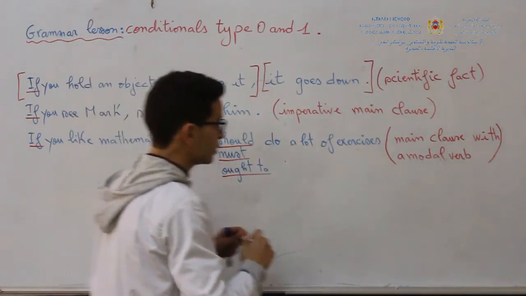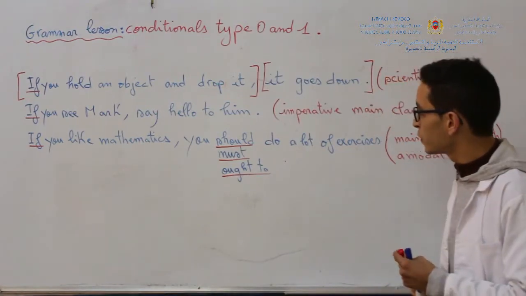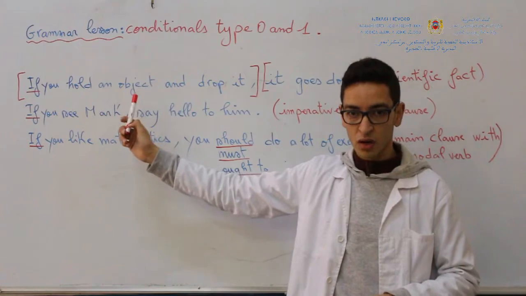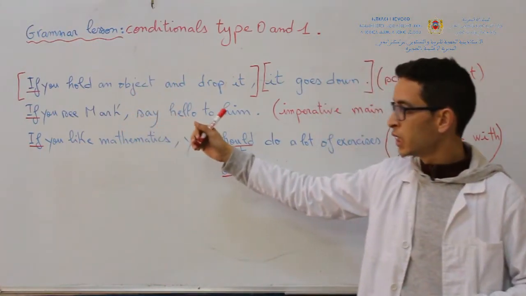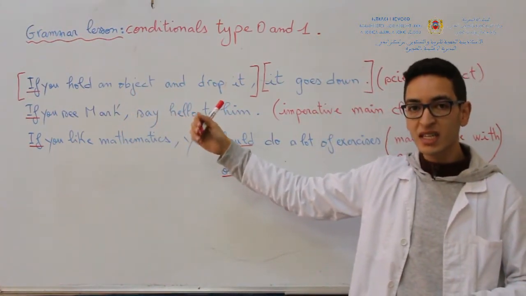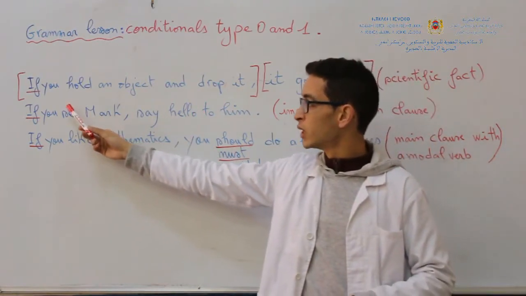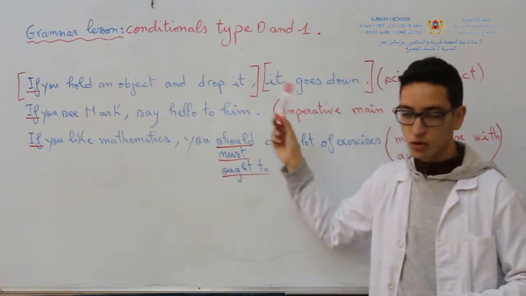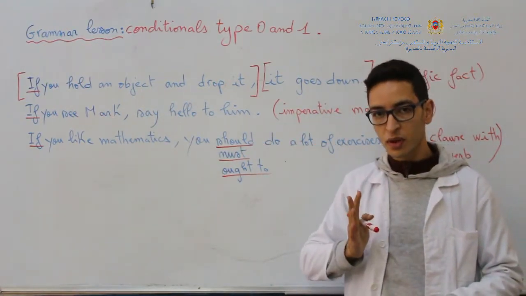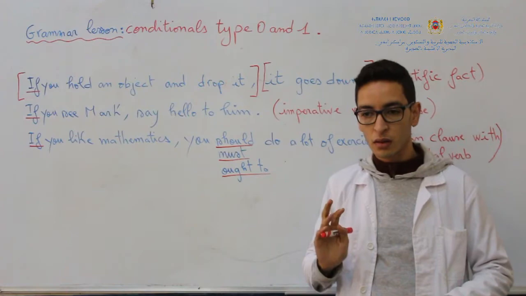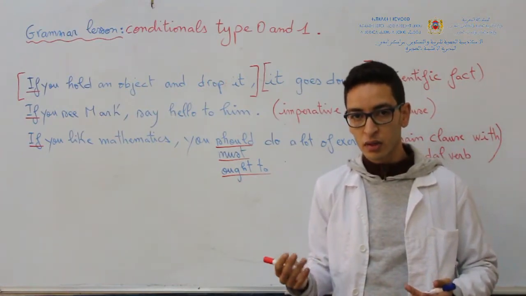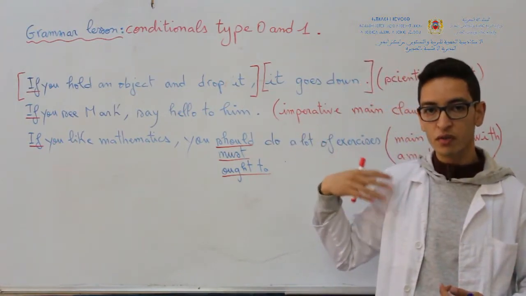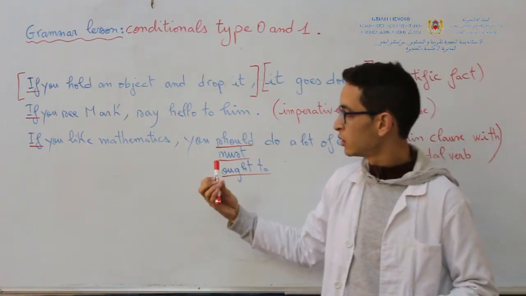By the way, the difference between the main clause and the if clause is that the if clause can't stand alone, meaning that it is not independent. If you say, for example, if you hold an object and drop it, you can't stop and then let your listener understand what you mean. You have to give him some sort of result.